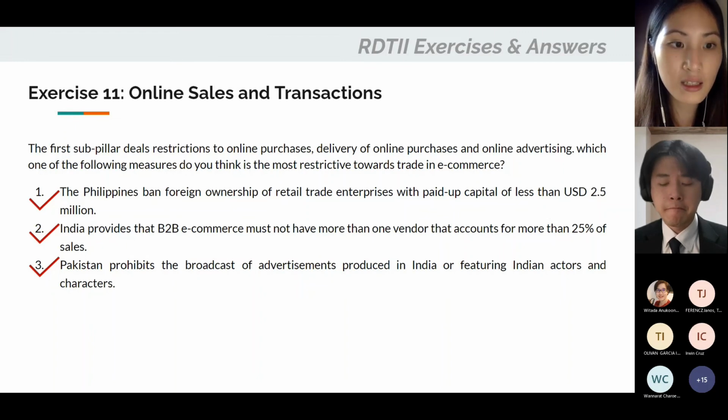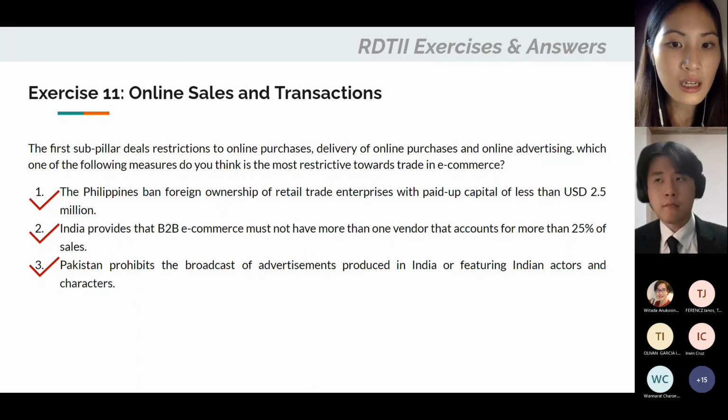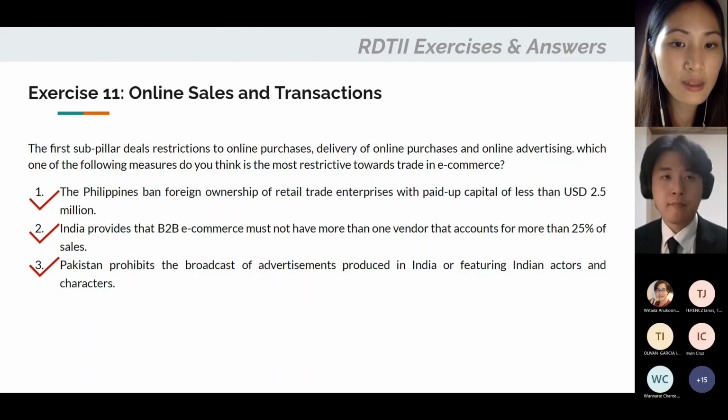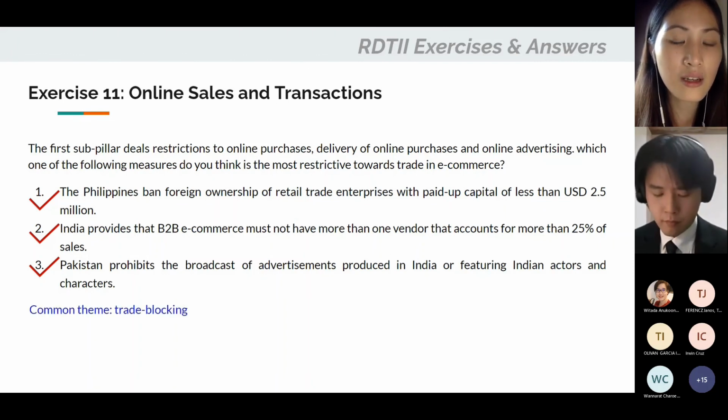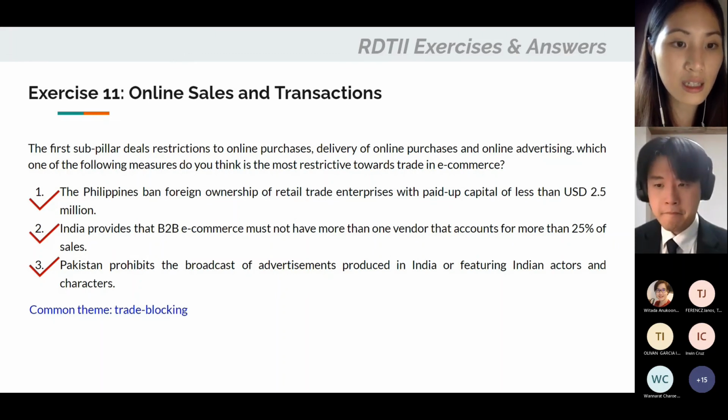And in the second choice, India provided that B2B e-commerce must not have more than one vendor that accounts for more than 75% of sale. So this would be trade blocking if the foreign business has sourced one vendor in certain countries.